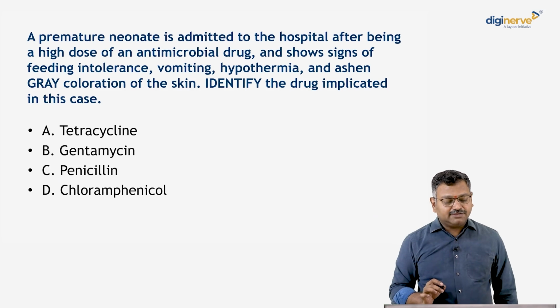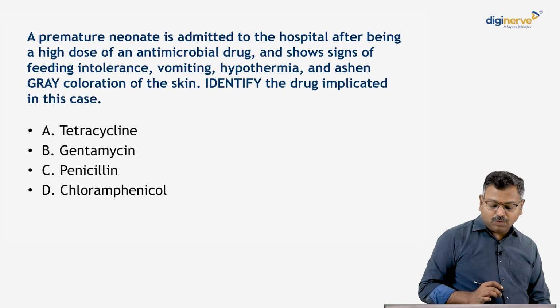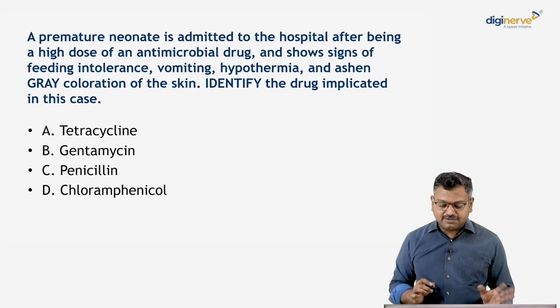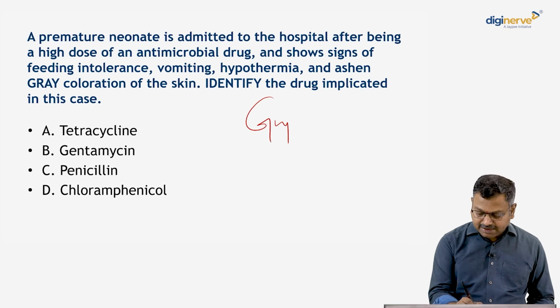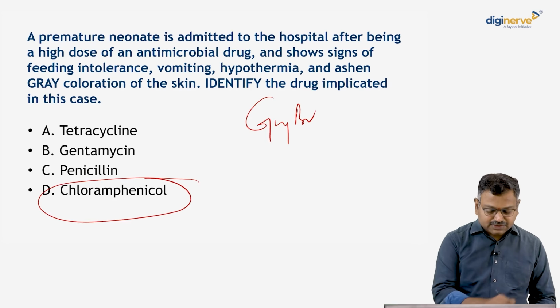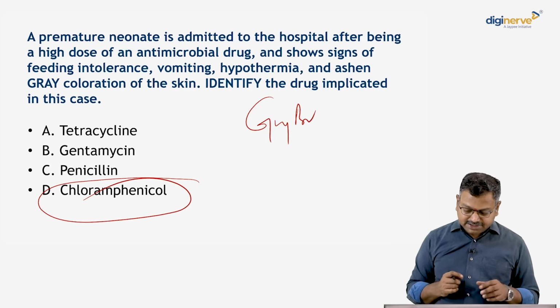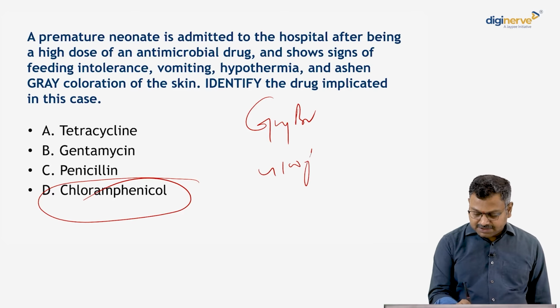A premature neonate after high-dose antimicrobial drug shows signs of feeding intolerance, vomiting, hypothermia and an ashen gray coloration. Which drug is producing it? We classically call this the gray baby syndrome, and it is associated with chloramphenicol. This is a rare but serious condition that could happen when you give a dose of more than 100 milligrams per kg.